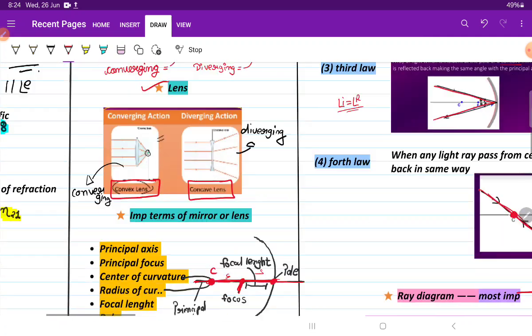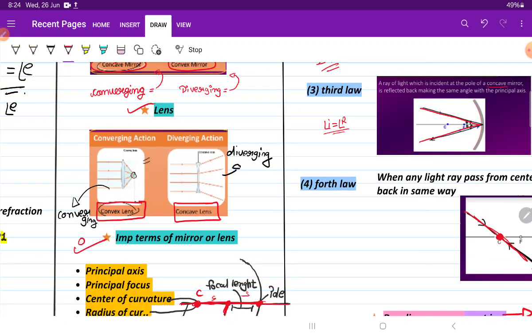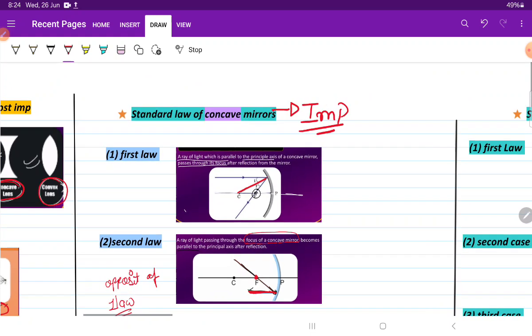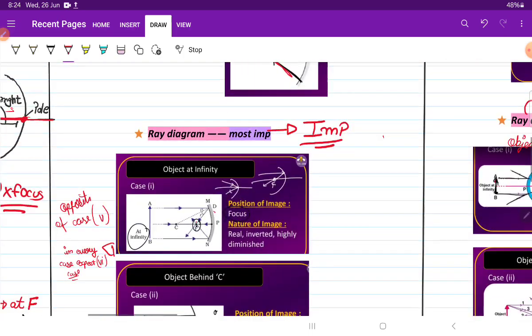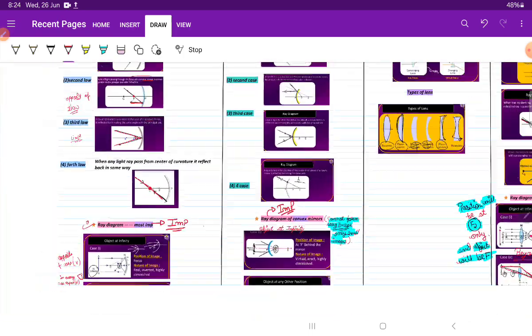The important terms in mirrors, lenses and spherical mirrors, standard laws of concave mirror and ray diagrams of concave mirror.